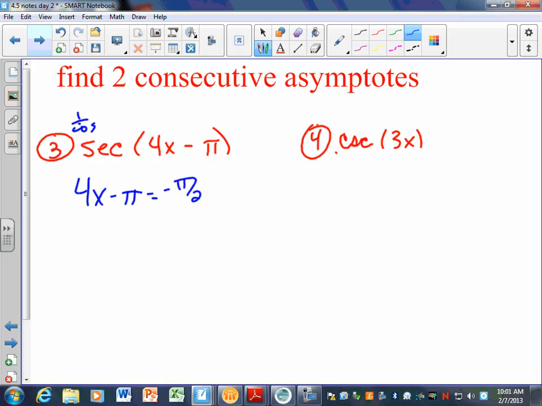Negative pi halves and positive pi halves, and I'm just going to solve that for x. So if I'm going to solve this for x, you agree I'm going to add pi over here?